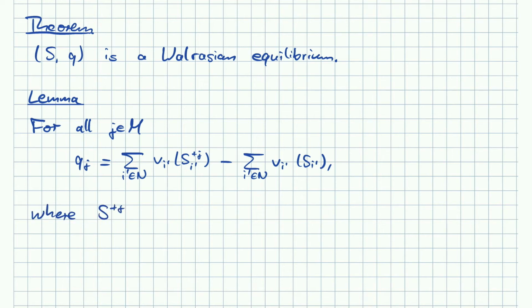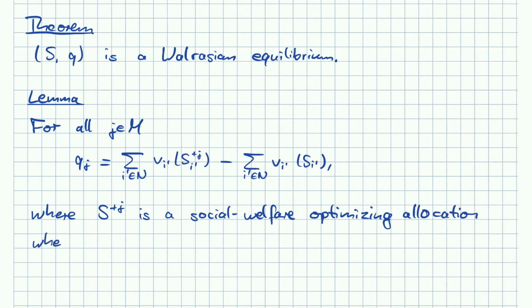S plus J is a social welfare optimizing allocation when there are two copies of item J.